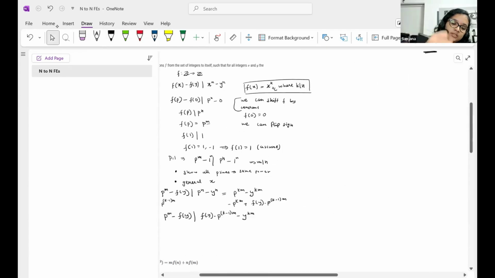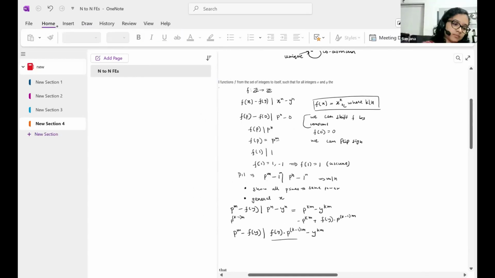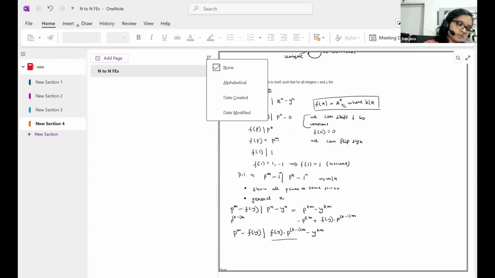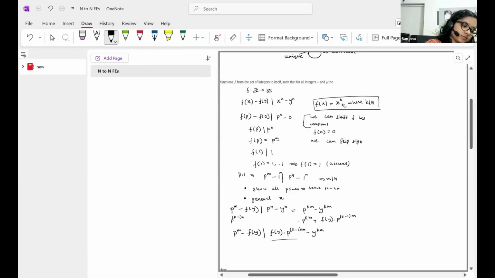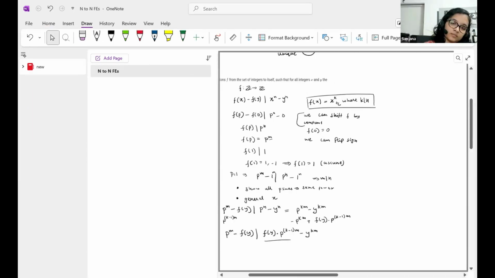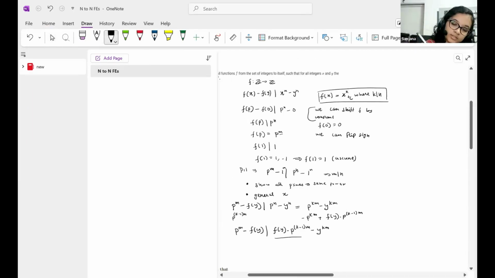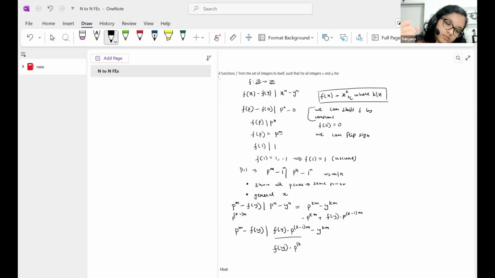So you can multiply the left hand side by f of y times p raised to k minus 2.